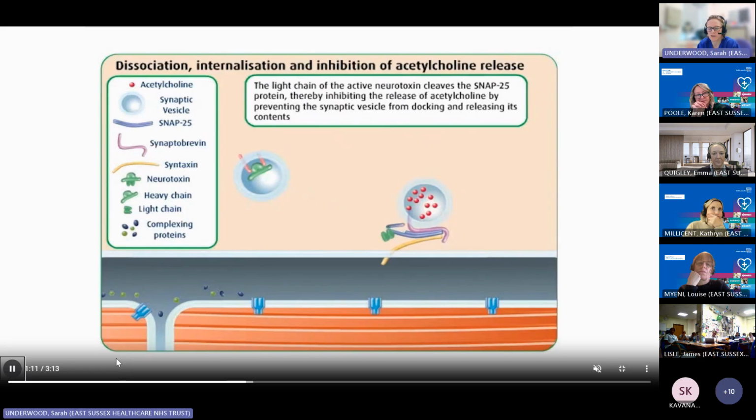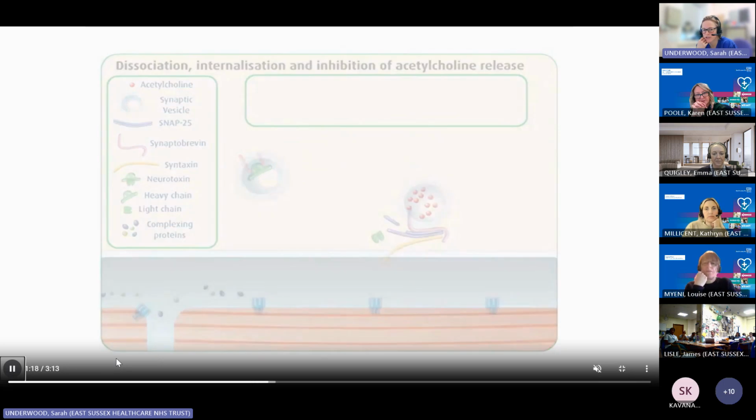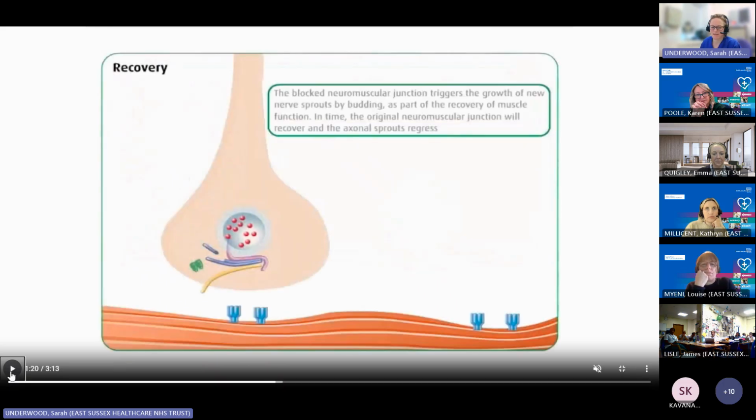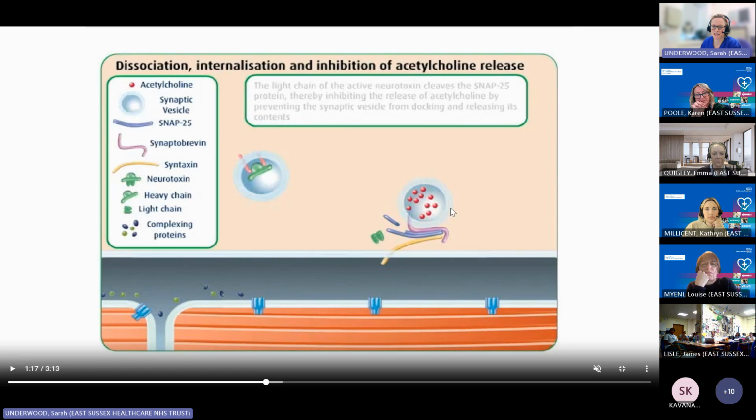The short chain of the toxin cleaves and removes part of the SNAP25 protein, which changes the shape of the complex, which means it then cannot bind with the presynaptic membrane. It therefore doesn't release the neurotransmitter into the synaptic cleft, and it doesn't cause that next cascade of chemical and electrical reactions, which results in the muscle contraction.